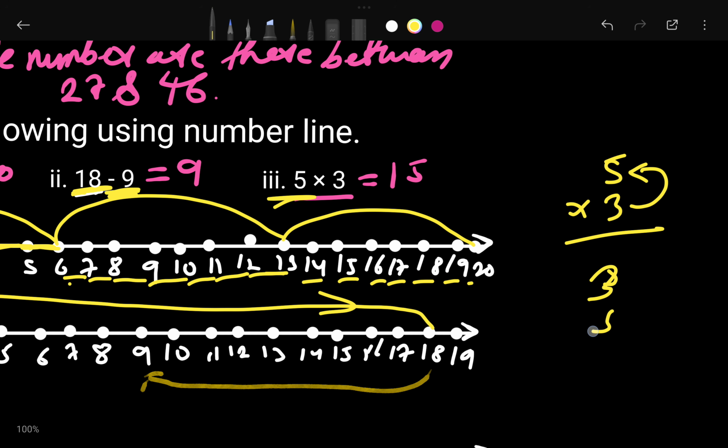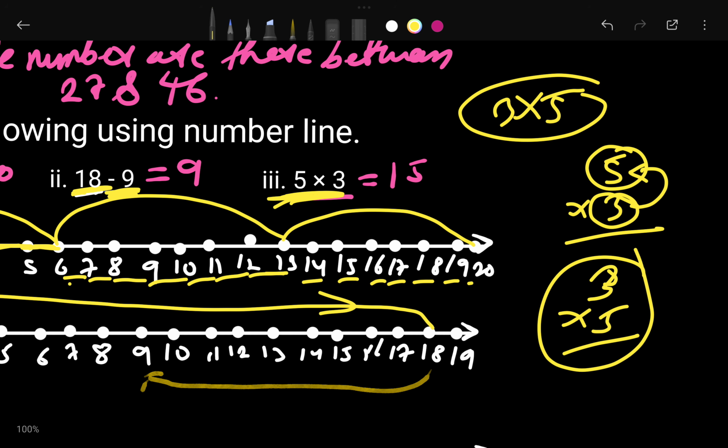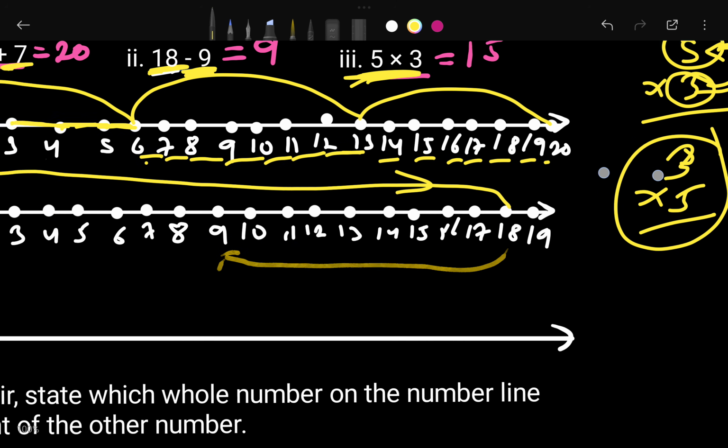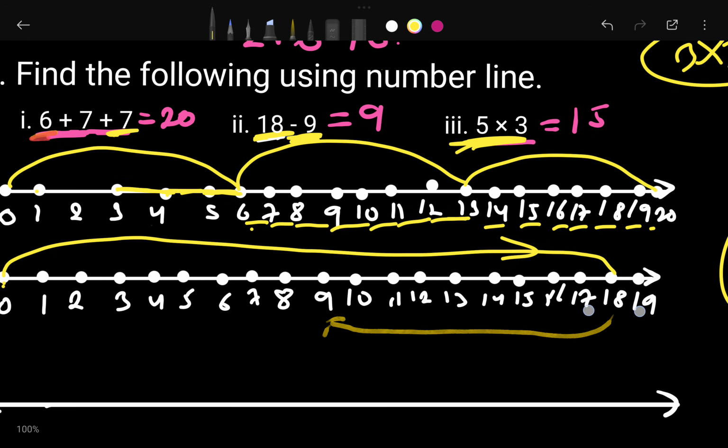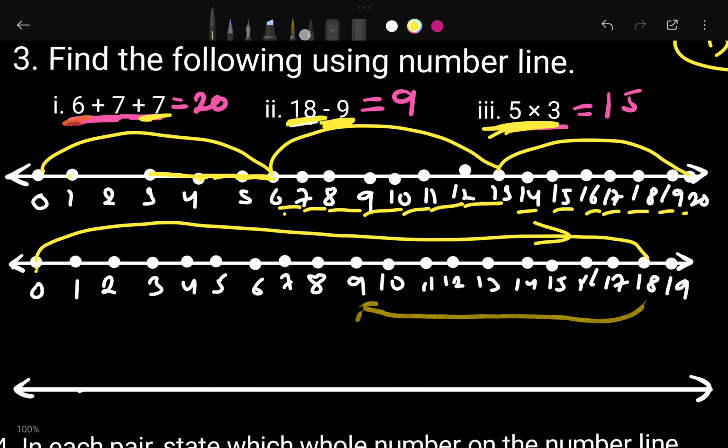If you think like 3 multiplied by 5, then this equation will be like that. When this equation is like that, we will do like that. But this equation is 5 cross 3, it means that 5 is upper, 3 is down. So we will do with multiply by 3. So we will start with 3 only. Okay, so let's come to the topic and do this again.